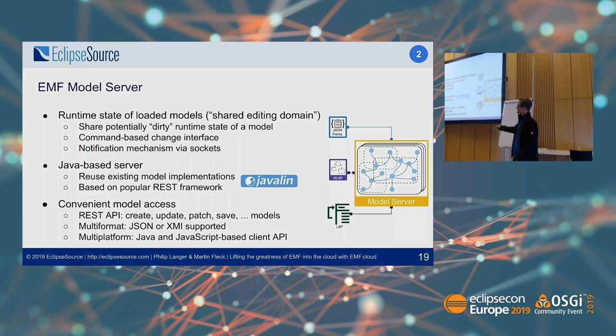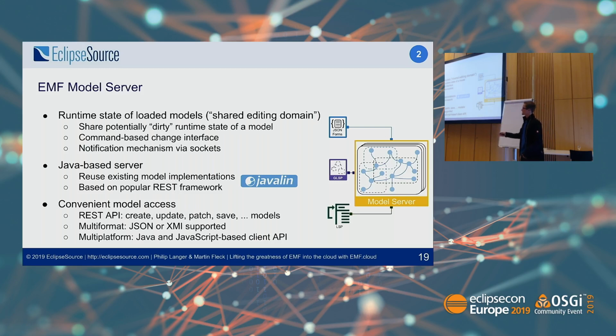It is a Java-based server, obviously, because we want to reuse EMF, which is Java-based, of course, but it is then providing a REST API as well as a socket-based API, and to implement that, we reused quite a popular REST framework, which is called Javalin, so we like that, using that a lot.